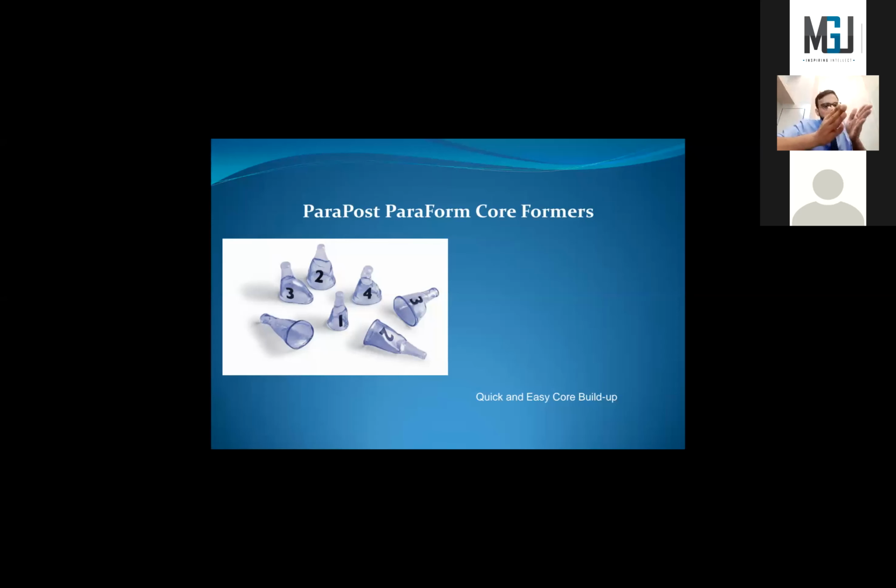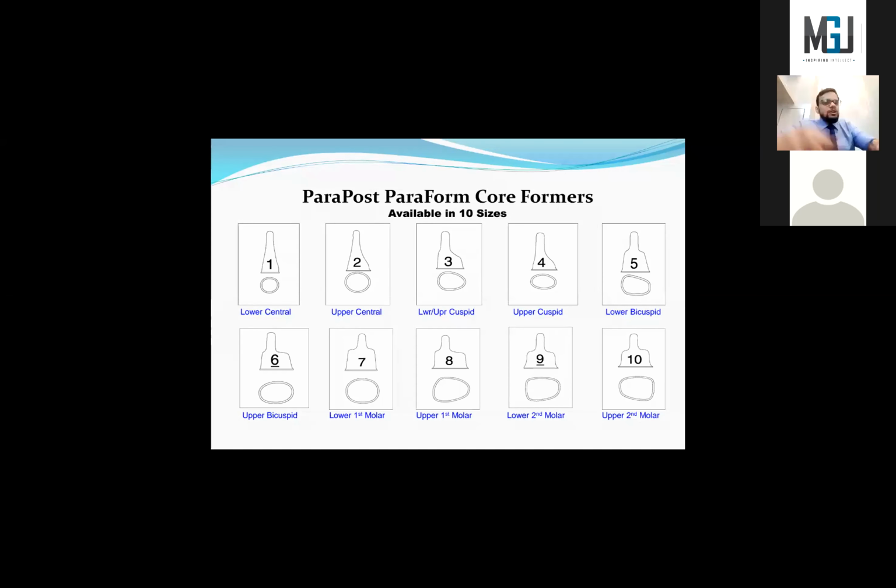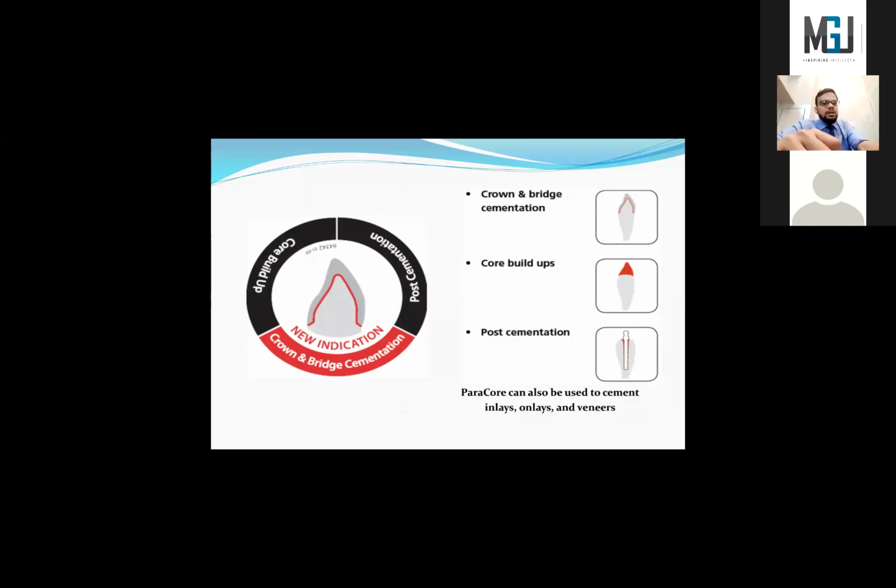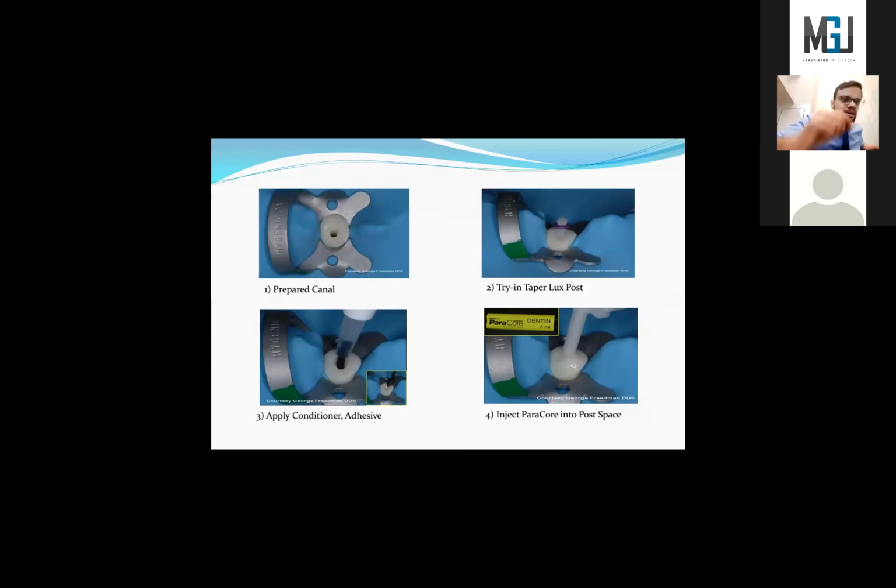Number one is for smaller teeth, say lower anteriors. As you go up in size, you would have a larger amount of tooth structure that can be built back for your molars and premolars. Okay. Now, these are your Parapost formers which are available. This is not too important. This is again a clinical case wherein we've shown that.